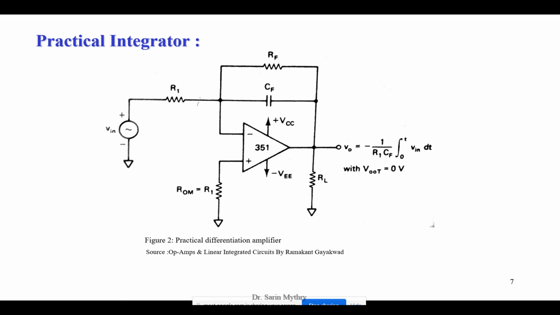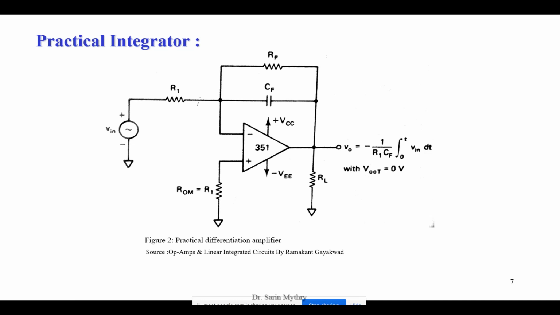Because this particular circuit will be undergoing some kind of low frequency roll-off problems. In the low frequency, it will have some noise problems or roll-off problems. Rolling off, you know what rolling off is? We have seen it in the different op-amp circuits. So that kind of rolling off problem will be there in your ideal integrator circuits.